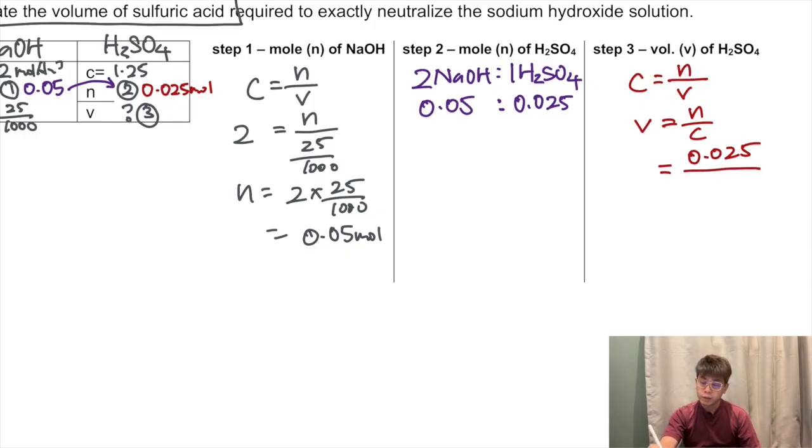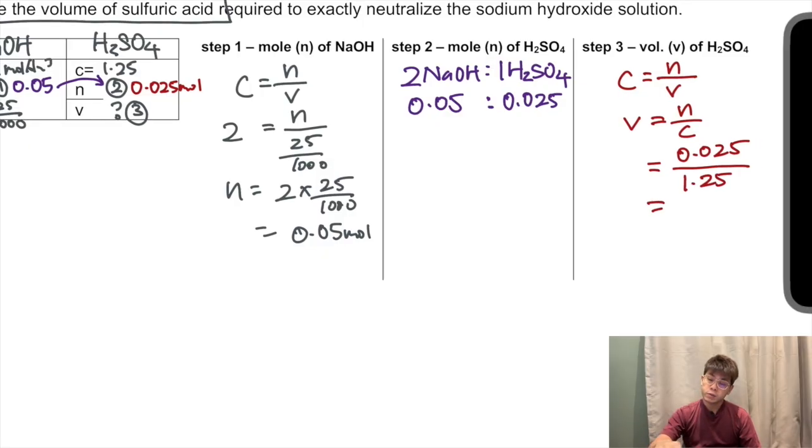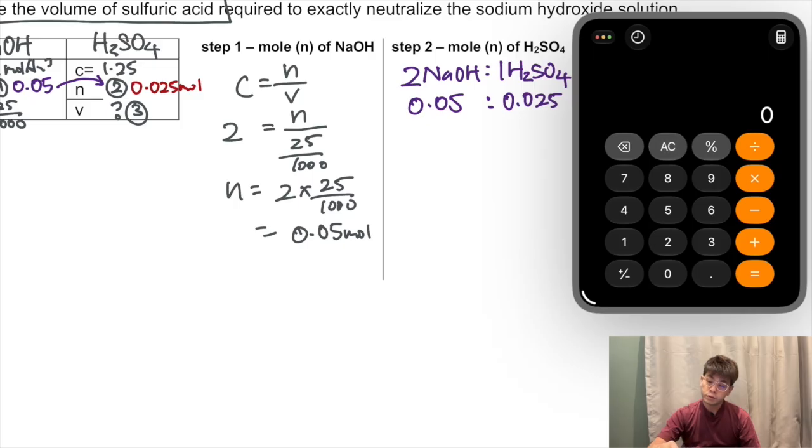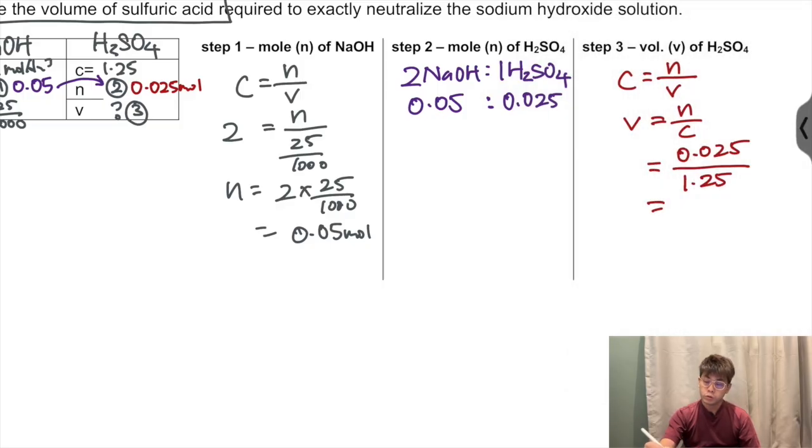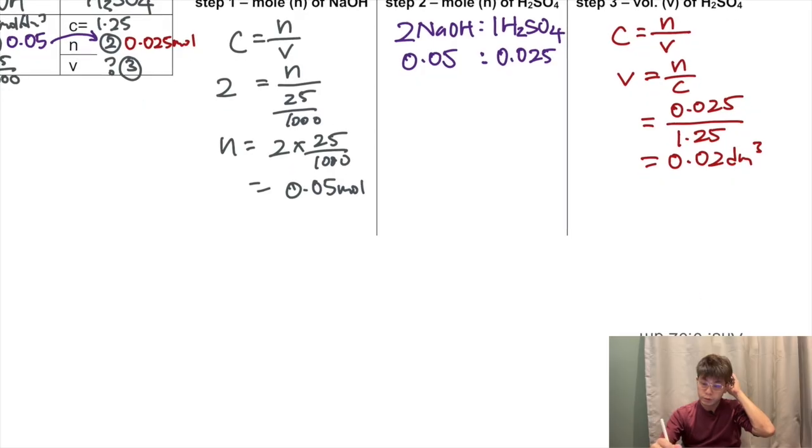I divide it by the concentration, 1.25. So 0.025 divided by 1.25 is 0.02 dm cubed, and that matches the answer I've given you at the bottom here.